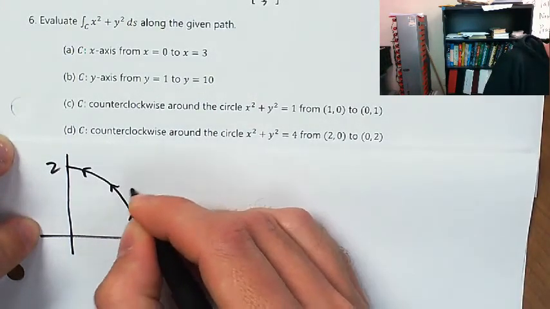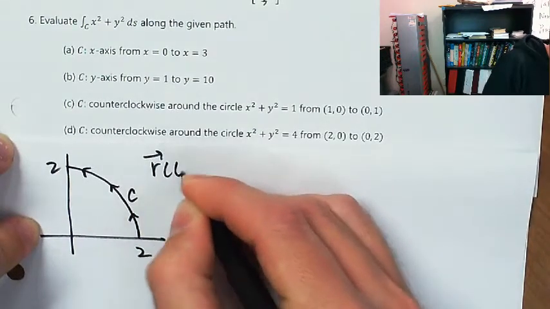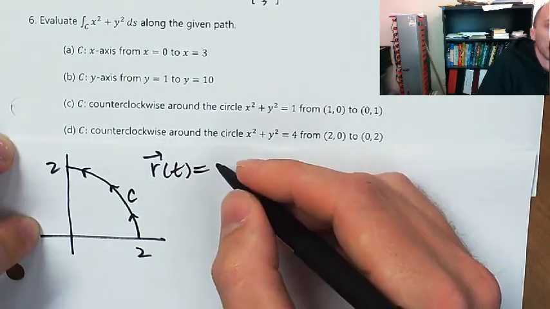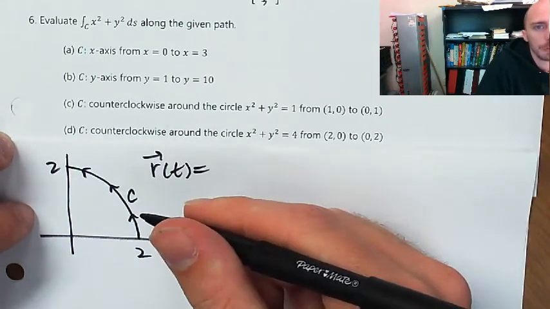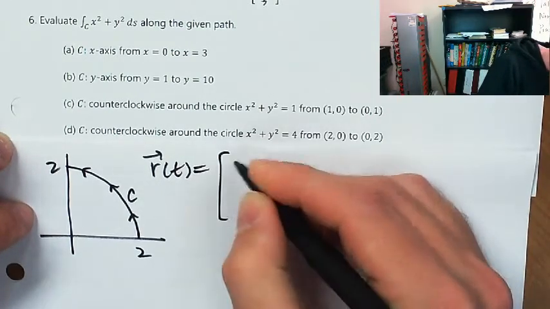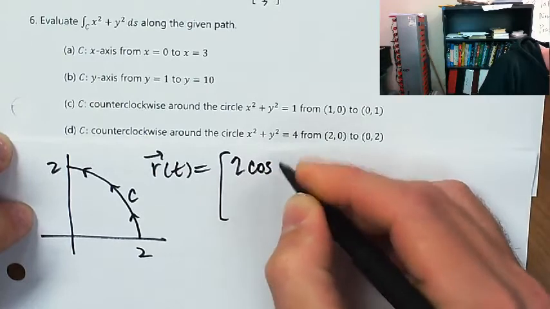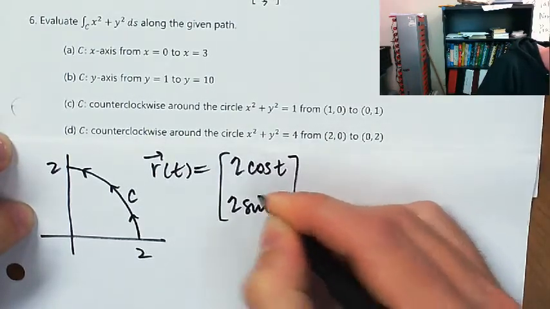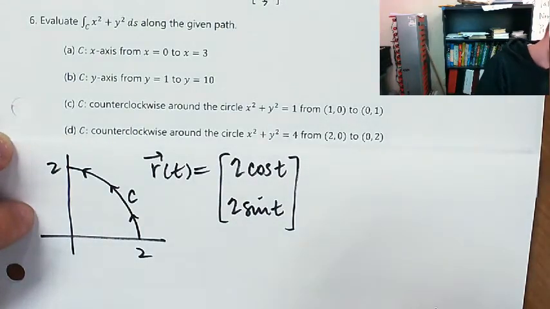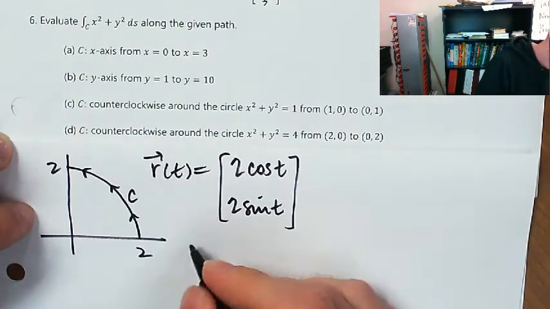And so I'll say this is my curve C, which has equation r equals, it would be cosine t, sine t, so it would be 2 cosine t, 2 sine t, t running from 0 to pi over 2.